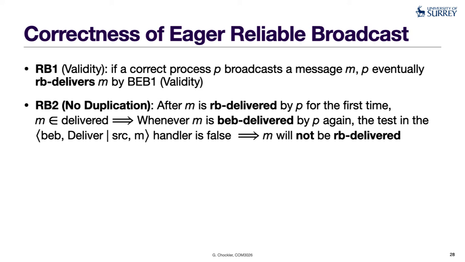What happens with no duplication is that once M was delivered by a process for the first time, it will enter this delivered set, and therefore whenever M is delivered by BEB again to the same process, the test in the handler of the BEB delivery will fail, and therefore we won't execute the block of code in the true case of that test, and that will imply that M will not be delivered again. So no duplication is also quite simple to see.